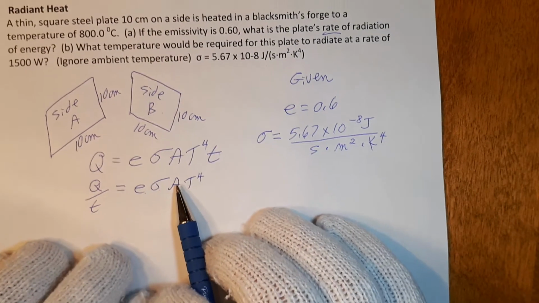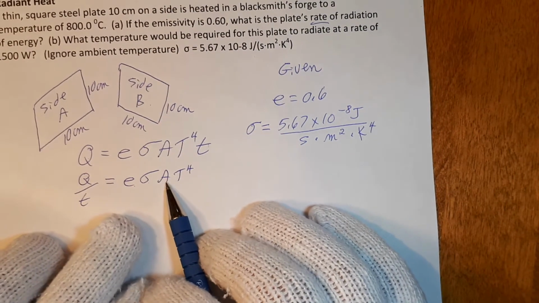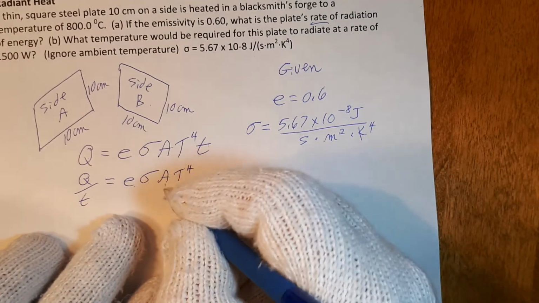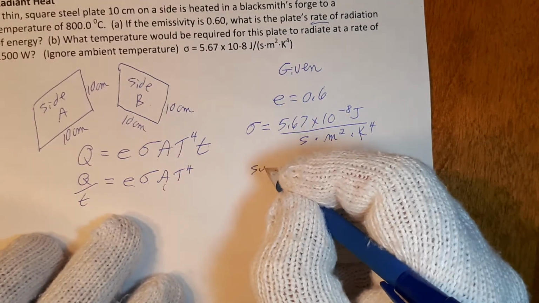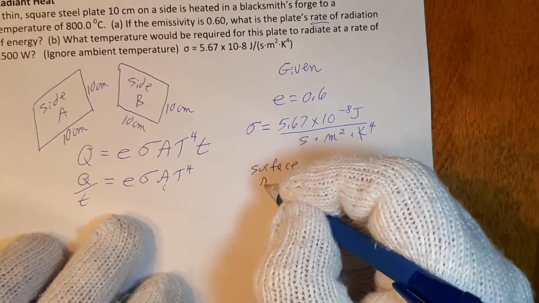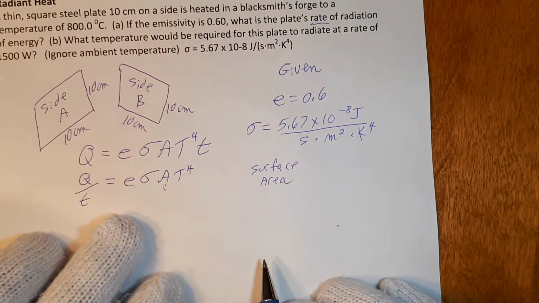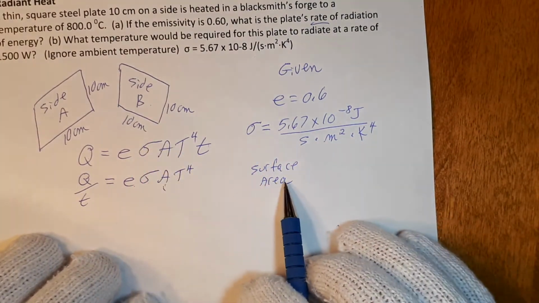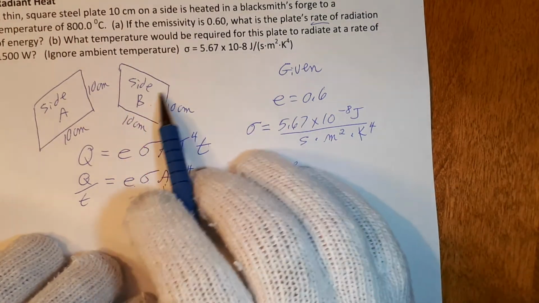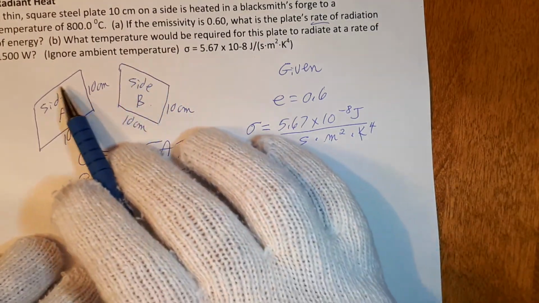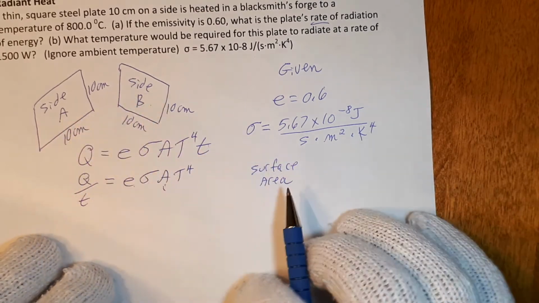Next in the equation is the area. This isn't just any area, it is actually the surface area. And the surface area, where the heat is being emitted back into the atmosphere, is this area plus this area, the total surface area.